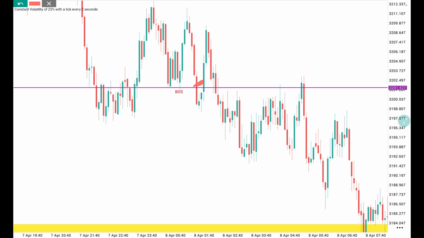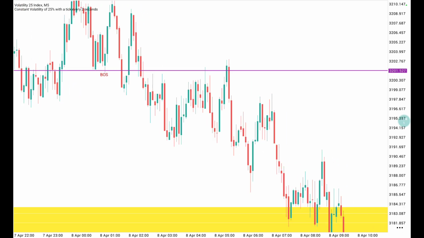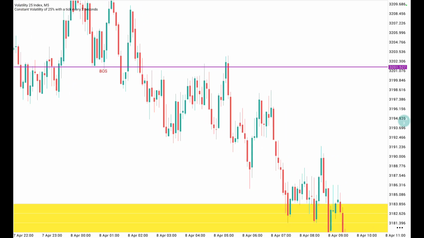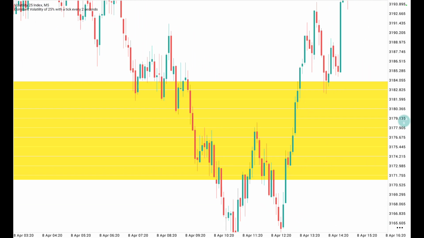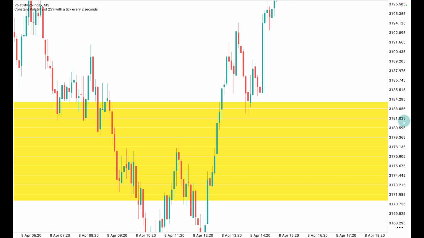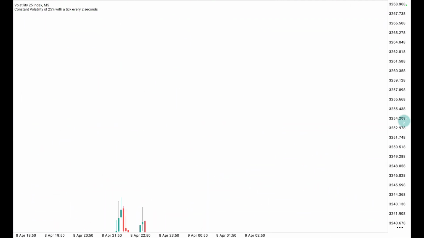But ICT said for you to have a breakup structure, there must be displacement. You must see an energetic candle like this one thrusting through an old low or an old high. That's displacement. Power move above old highs and old lows. So you see too many breakup structures.